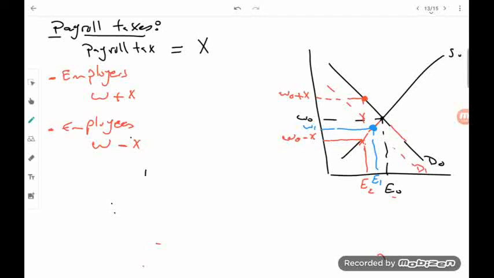So actually, imposing a payroll tax is not going to be paid by the employer alone or the employees alone. It is going to be shared. A portion will be paid by the employee and a portion will be paid by the employer. As a result, the equilibrium level of workers employed is going to decrease from E node to E1.